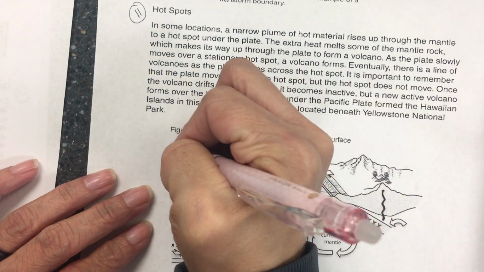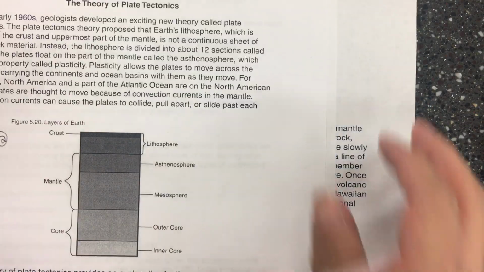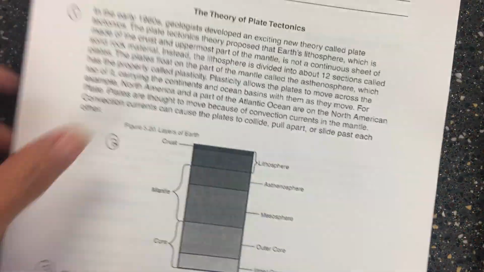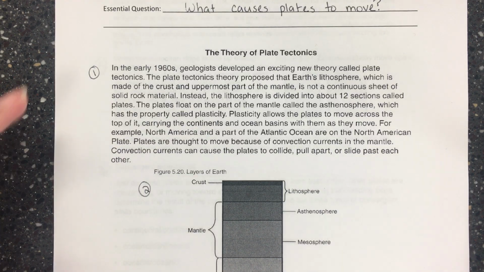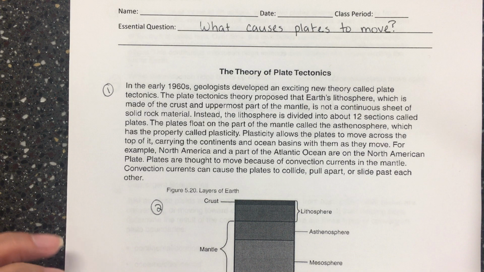I'll go ahead and number the last figure too. Okay, you can follow along with me, and like I said, you may highlight things that you think are important, but I'm also going to be highlighting some key terms that you should know.